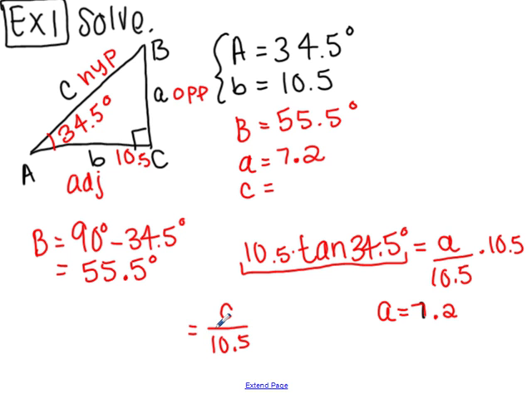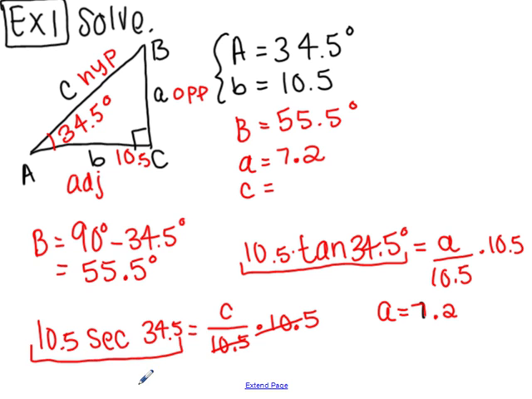Which function uses hypotenuse over adjacent? If you thought secant, you were correct. So secant of 34.5 equals this. In order to get rid of the 10.5, we multiply both sides by 10.5. That will cancel these, and this is what we plug into our calculator.